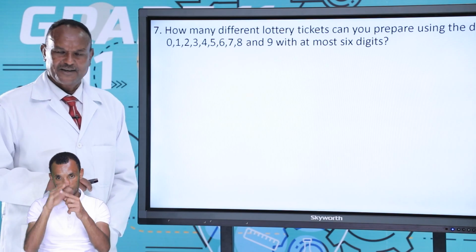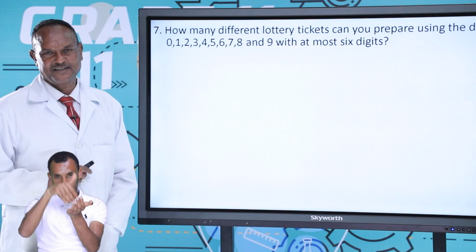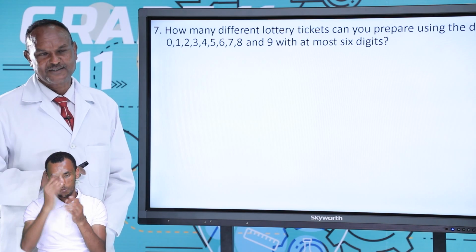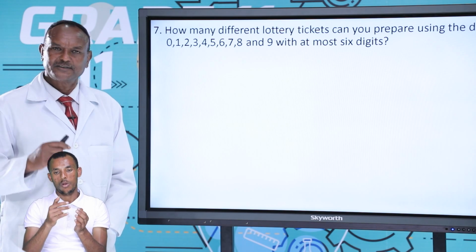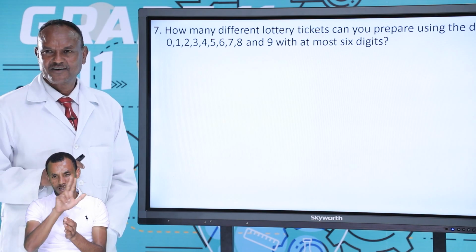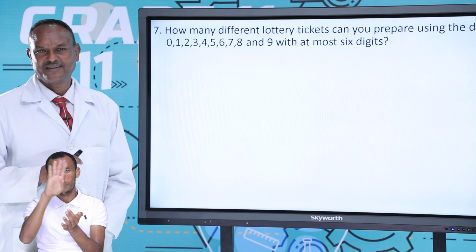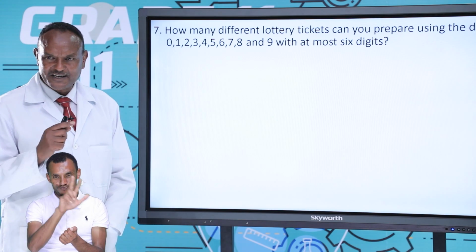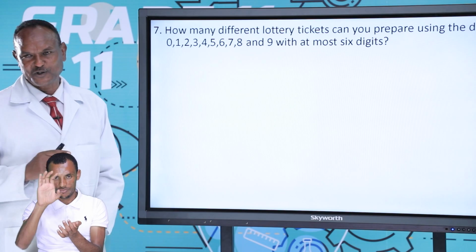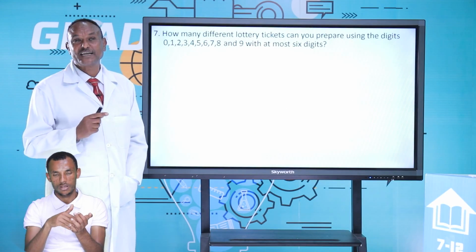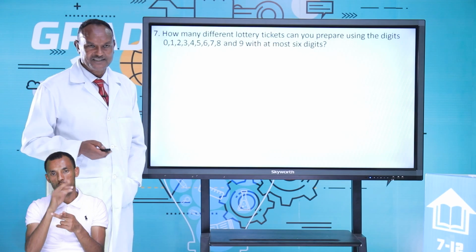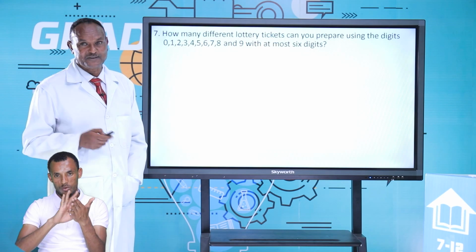Second, you can repeat a digit to prepare lottery tickets. I may have a lottery ticket 33,542. The 10,000 and the 1,000 places are the same. That means a digit can repeat.